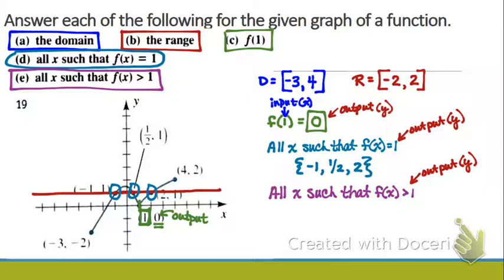No, I want my y values to be bigger than 1. So where would I look on this graph to find things that are bigger than 1? Above 1. I'm going to look above that line that I just drew for the last one, right? Can I include things that are on that line? Why not? It's not bigger than 1, it's exactly 1. So I'm looking up here.